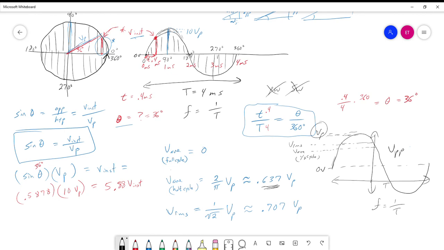It's the nature of the beast. We've got voltage changing in time, so now we have to deal with waveforms and all the parameters that we need to describe the waveform. And I think that's all of them.